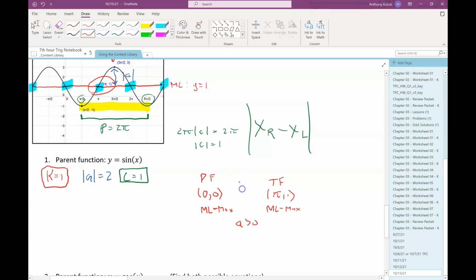It is positive because they're both the same kind of midline points. So my A is positive 2. And the value for H has to be? Pi. Since the x coordinate on the parent function is 0, the H is just the x coordinate from the transformed function.